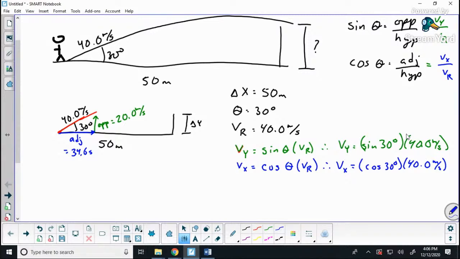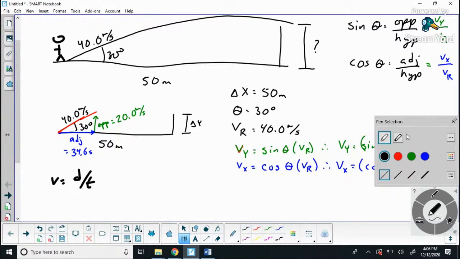Well, the first thing that I can think about is the idea that velocity is distance per time. So if velocity is distance per time, and I know how far that stream of water has to travel in the x-axis, then I can manipulate this equation to say, okay, velocity in the x will equal that distance in the x, so delta x, over an amount of time.